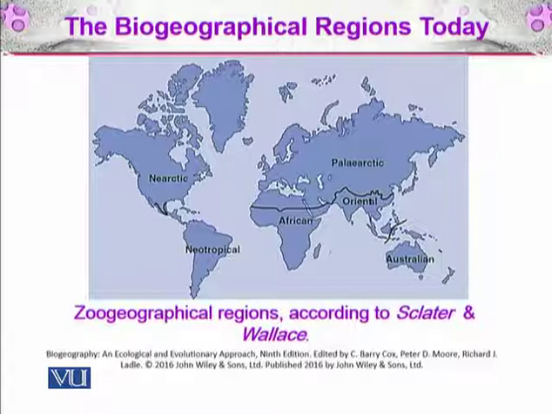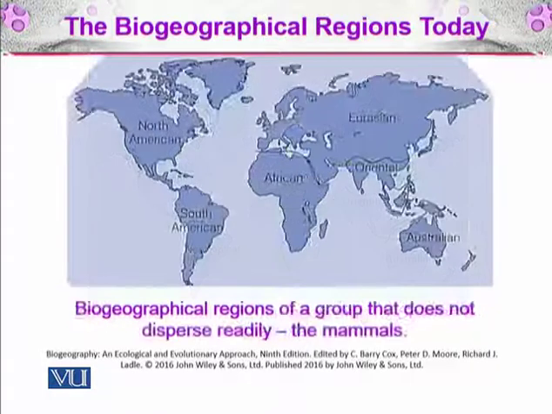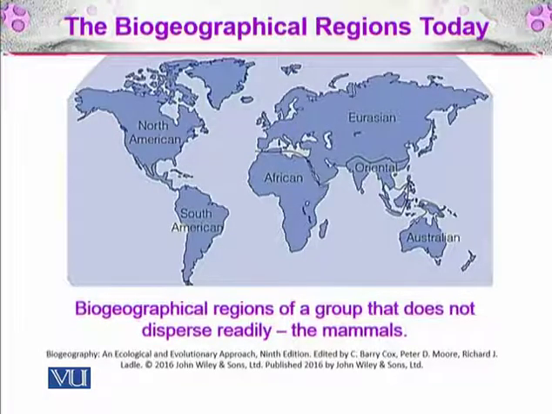The zoogeographical regional map that we use today, you can see in the next slide. Here is North America, South America, African. In the first map we were discussing the dispersal of the mammals, and in this map you can see that African is not only sub-Saharan Africa but the whole of Africa.